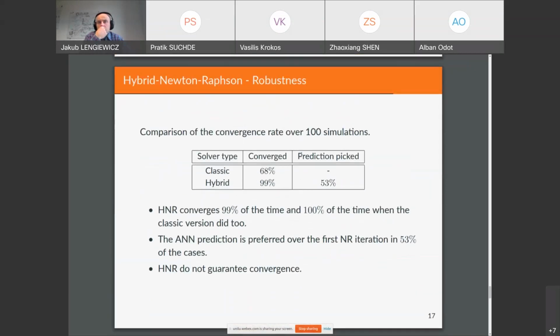Considering the Newton-Raphson robustness, as mentioned, we improve the robustness of the algorithm, since we give the algorithm a pretty good first guess of the solution. So the prediction is picked every two predictions, I guess, and it converges 99% of the time, whereas with the same data set, it usually converges 68% of the time.